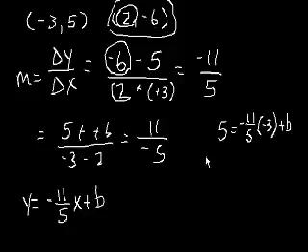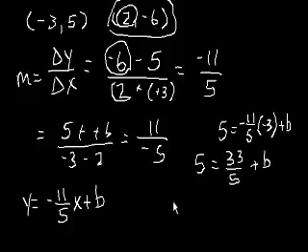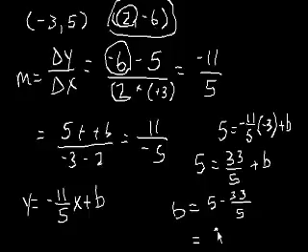So just simplifying that, I get 5 is equal to 33/5 plus b, or b is equal to 5 minus 33/5, and this equals 25/5 minus 33/5. 25 minus 33 is minus 8/5.